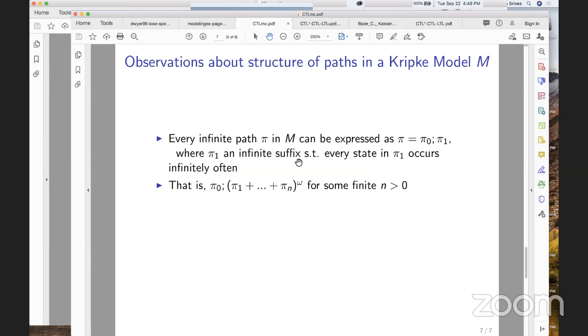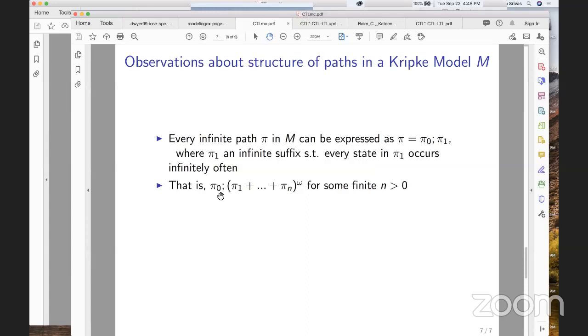Informally, the reason this is true is that there might be some states which occur only finitely many times in any path. But when you have finitely many states in your transition system, there must be at least one state which occurs infinitely often.